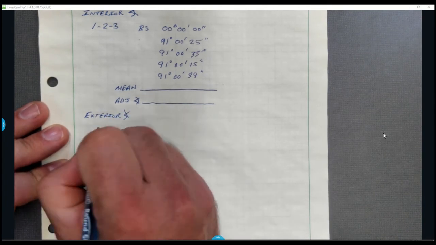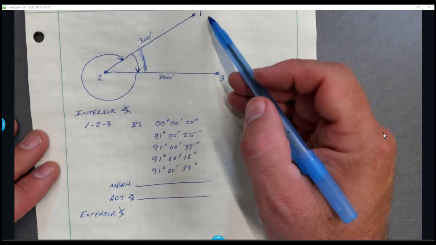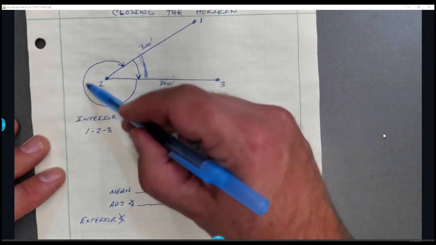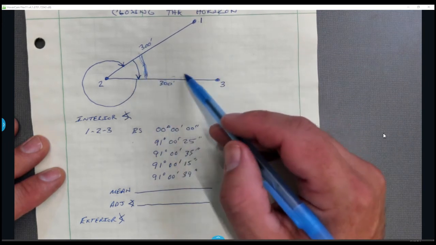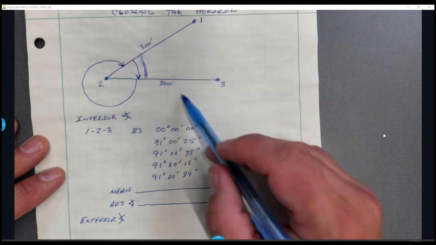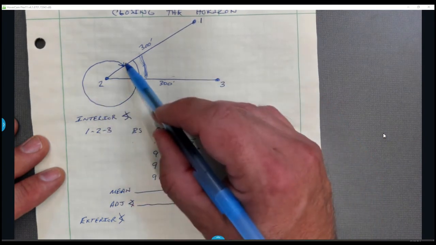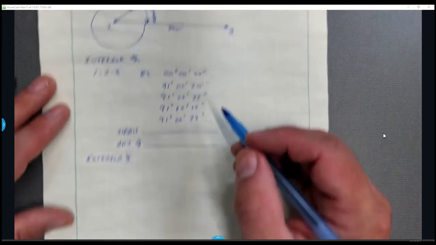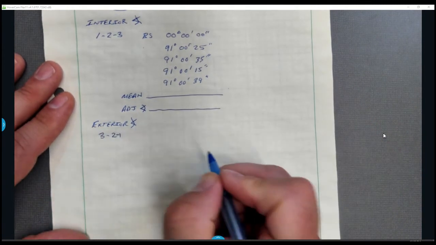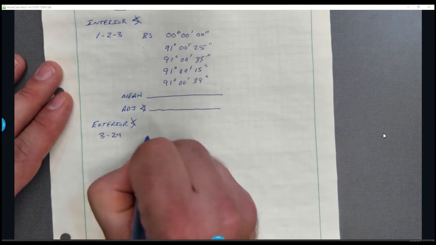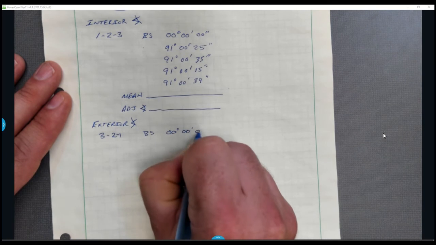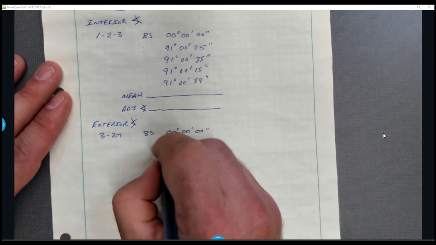Okay, so now the angle that I'm looking at for my exterior angle is going to be this angle right here. Okay, so that angle now is displayed 3, 2, 1 because it's the exterior part of the angle turning from right. Okay, so that exterior angle is going to be displayed as 3, 2, 1. All right, so we do our back sight and we zero set it. And then we record our angles down.